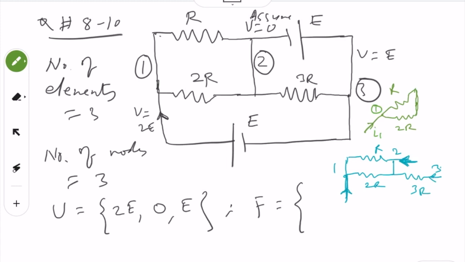Then this is number 2, to this also there is some current coming, this will be I2, and then from here you have another one, go like this, and this is 3R and this is I3. So this is how, if you look at that, this is node number 1, this is node number 2, this is node number 3.